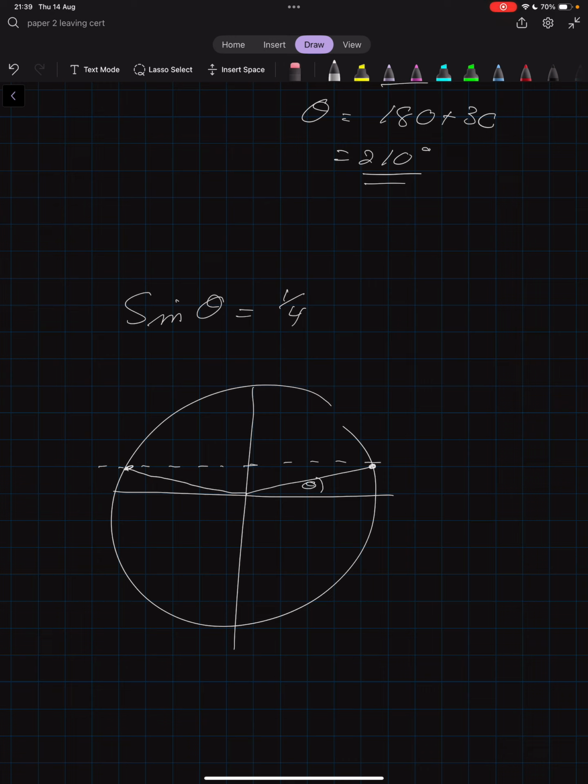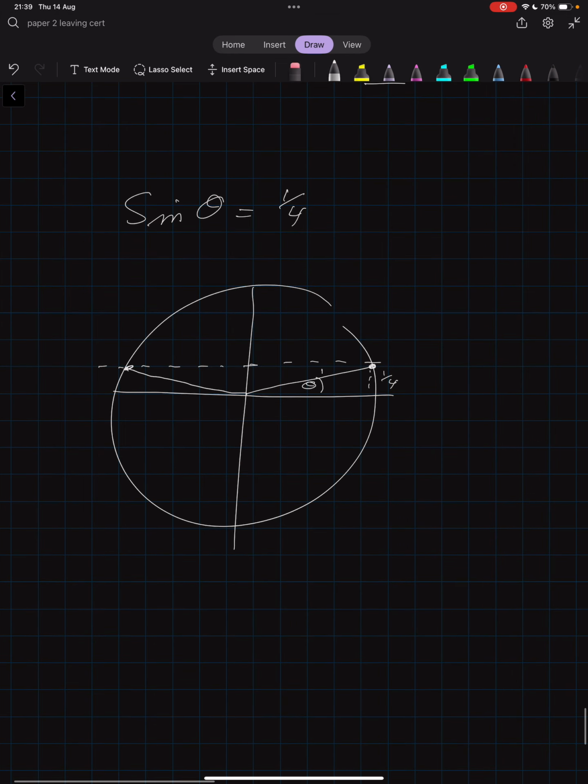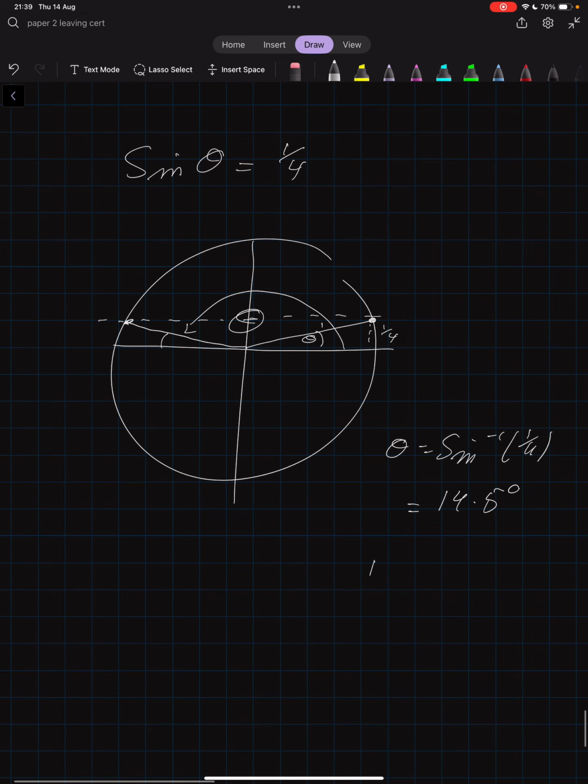This is theta, this is a quarter, and this is 1. So I can just say that theta is going to be sine minus 1 of a quarter, which is 14.5 degrees, which means this is also 14.5 degrees. So the other theta that would work is 180 minus 14.5, which is 165.5 degrees. So it's either 165.5 or it's 14.5. There's two answers that'll give you the same one.